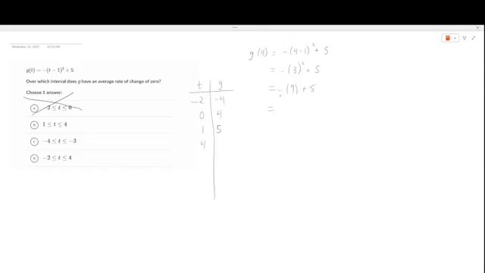So it'll be -9 plus 5. Okay, so negative 9 plus 5 would equal out to be negative 4.